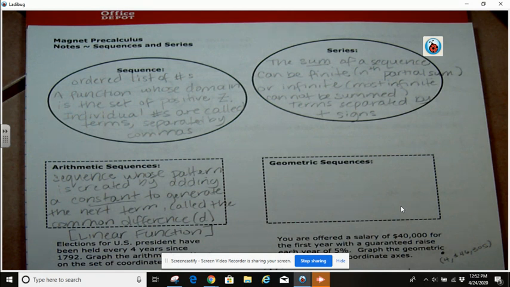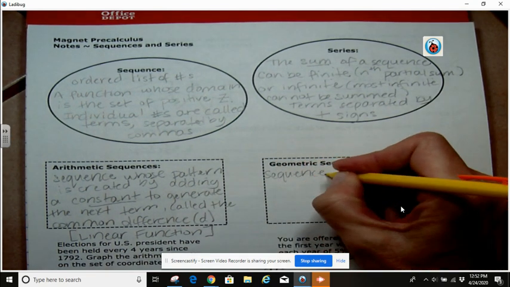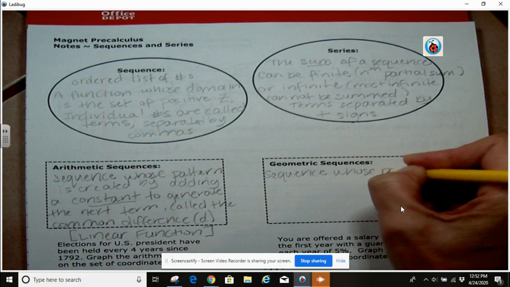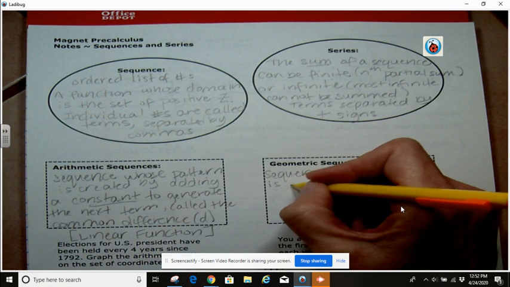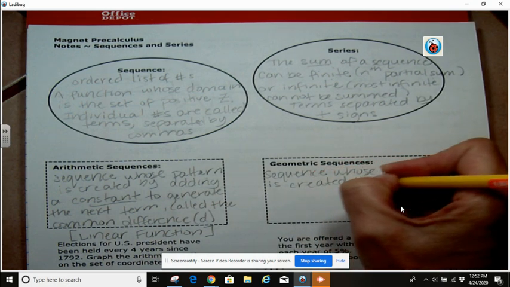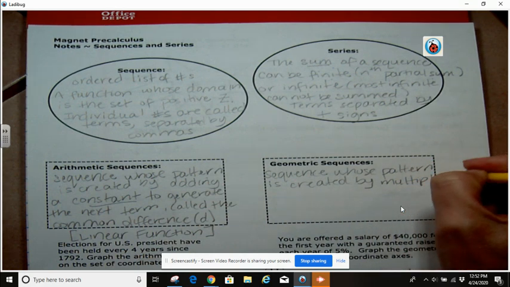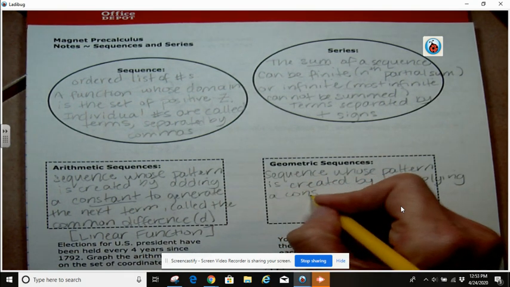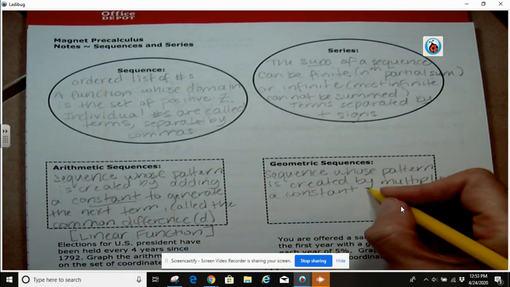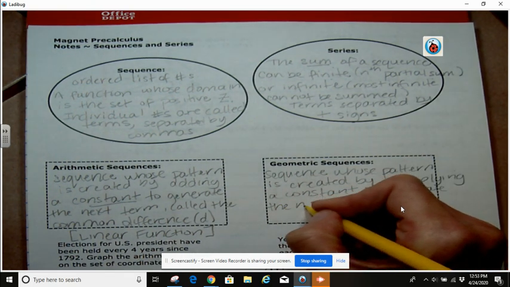A geometric pattern would be a sequence whose pattern is created by multiplying, not adding, multiplying a constant to generate the next term.